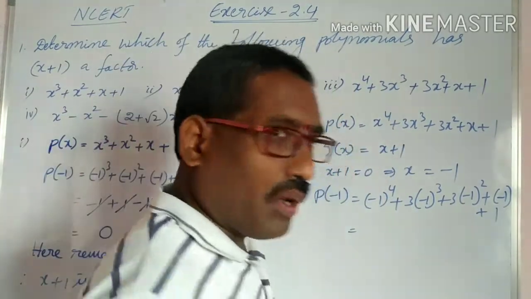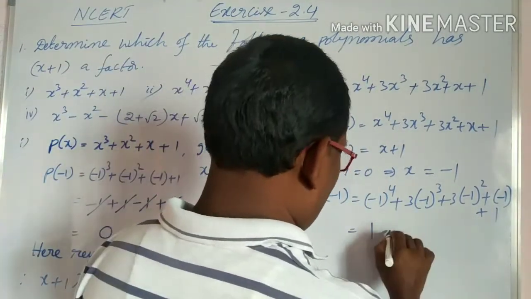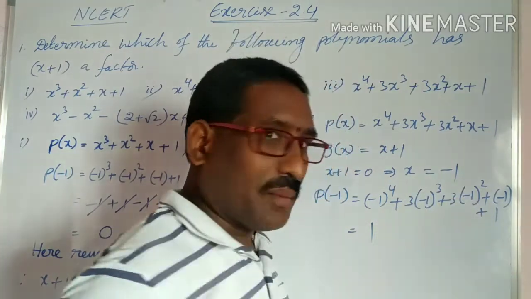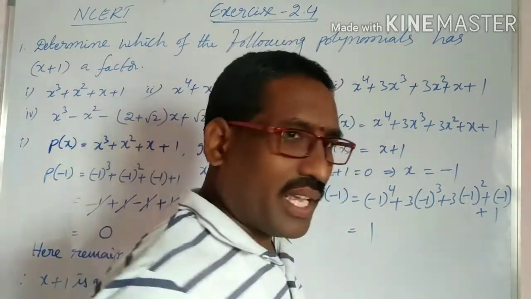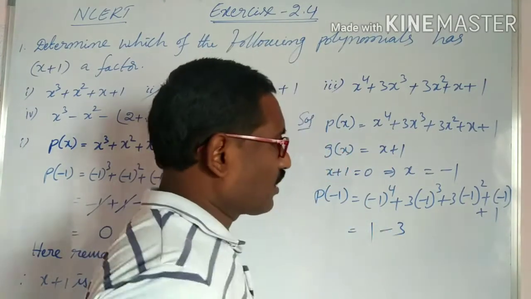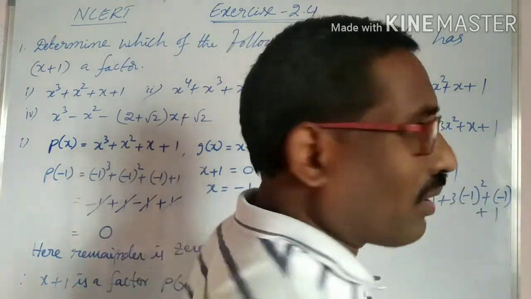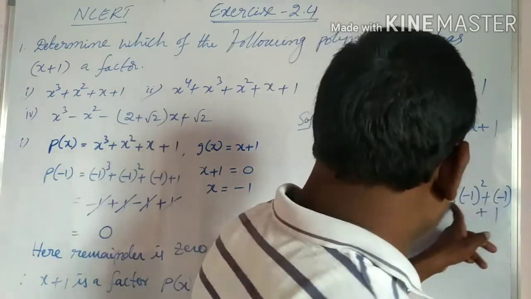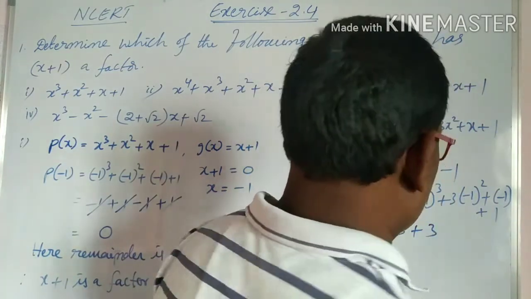See, minus 1 whole power even number means 1. Minus 1 whole power odd number, minus 1. Minus into plus is minus, so minus 3. Again, minus 1 whole power even number is plus 1, so 1 into 3 is plus 3.